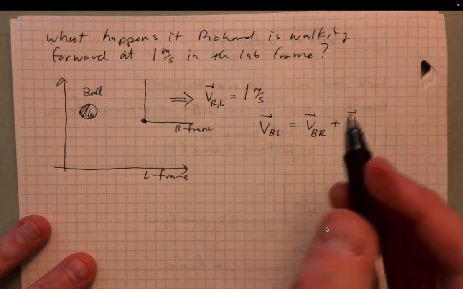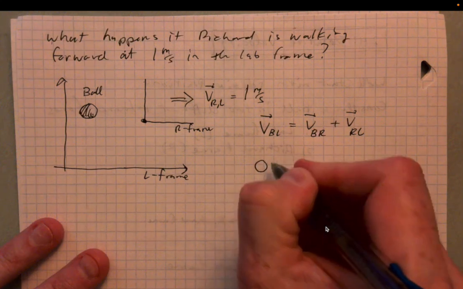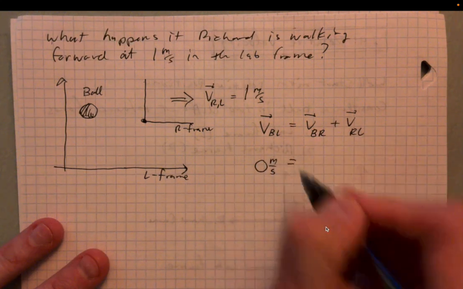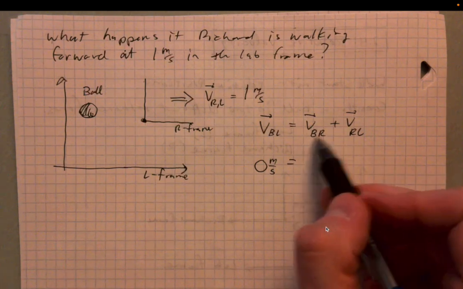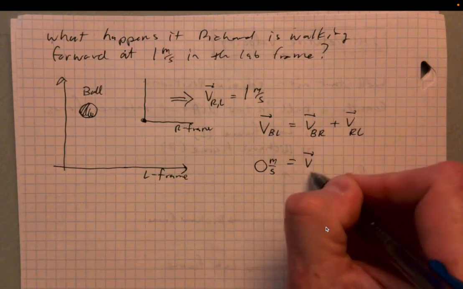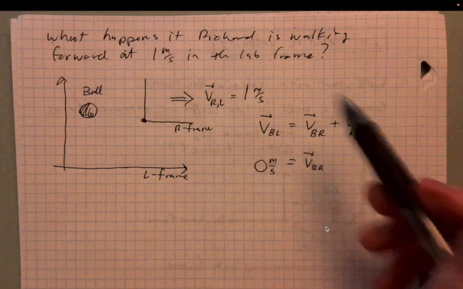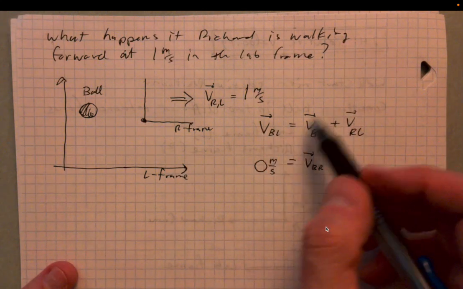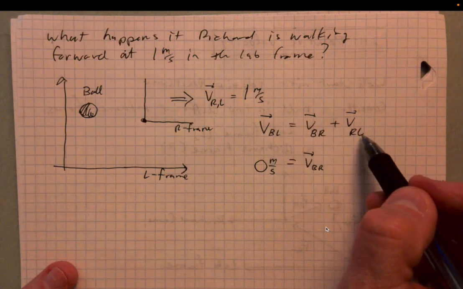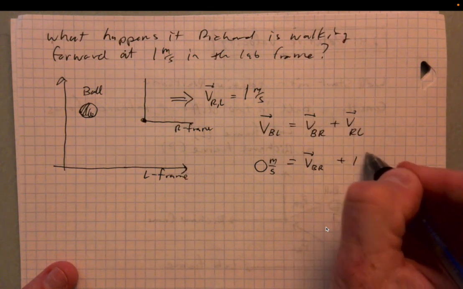We know that the velocity of the ball in the lab is equal to 0. The velocity of the ball relative to Richard, that's the thing we're questioning. It kind of looks like the ball is moving backwards, but we know it isn't. But inside the lab, I'm actually moving at 1 meter per second.